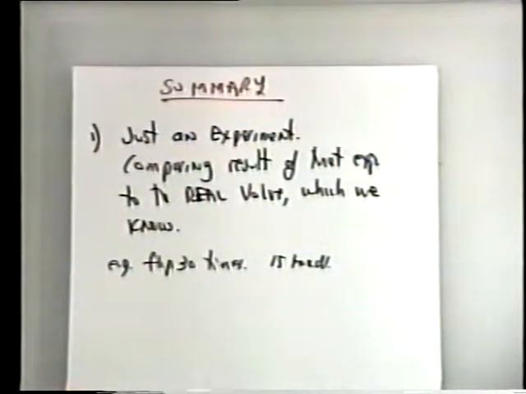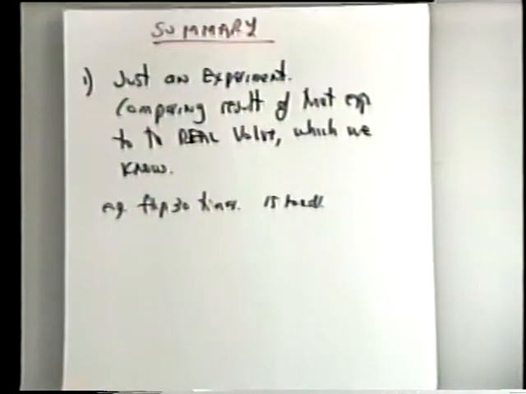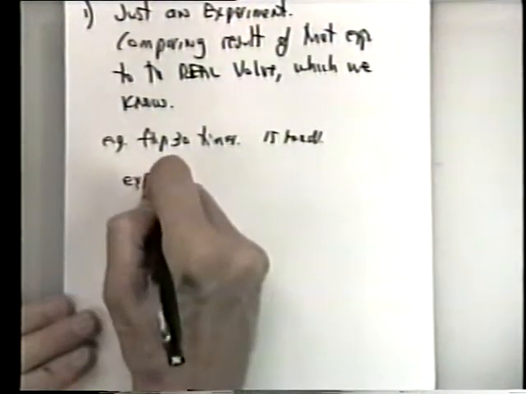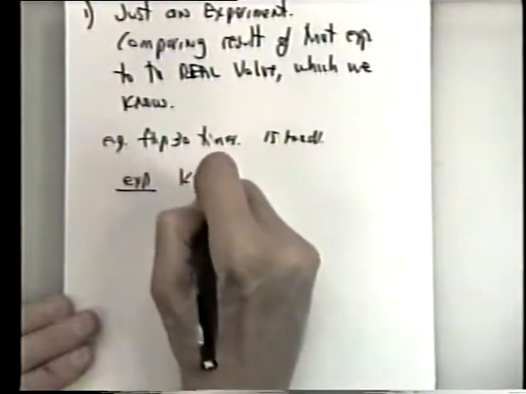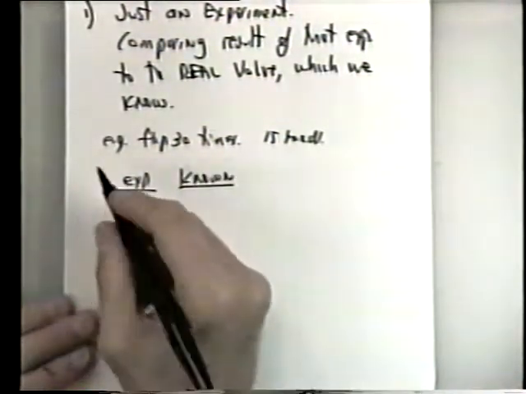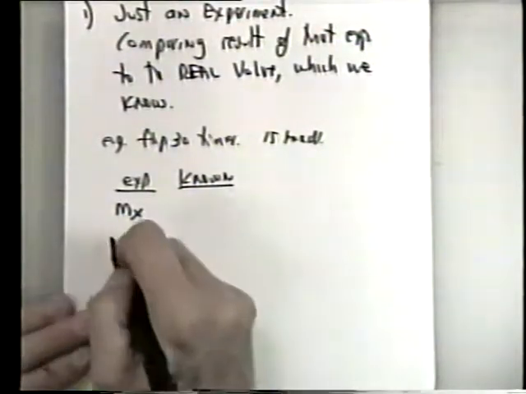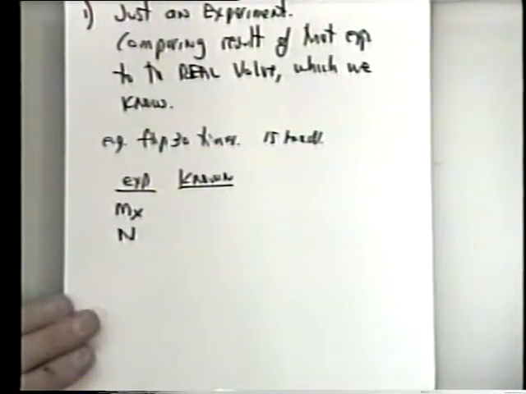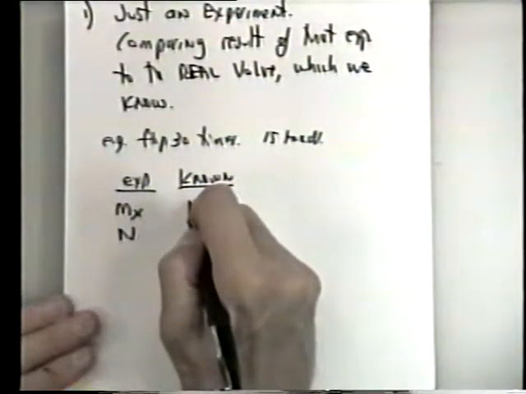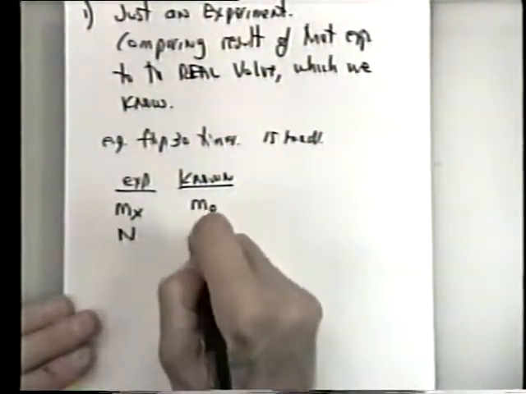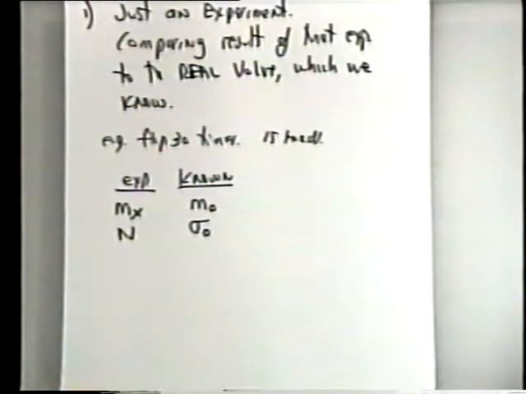In terms of the z statistic, we have an experiment, and we have known values. From the experiment, we measure the mean of the experimental values and the number of the experimental values. We know the mean to be expected, and we know the variance to be expected.